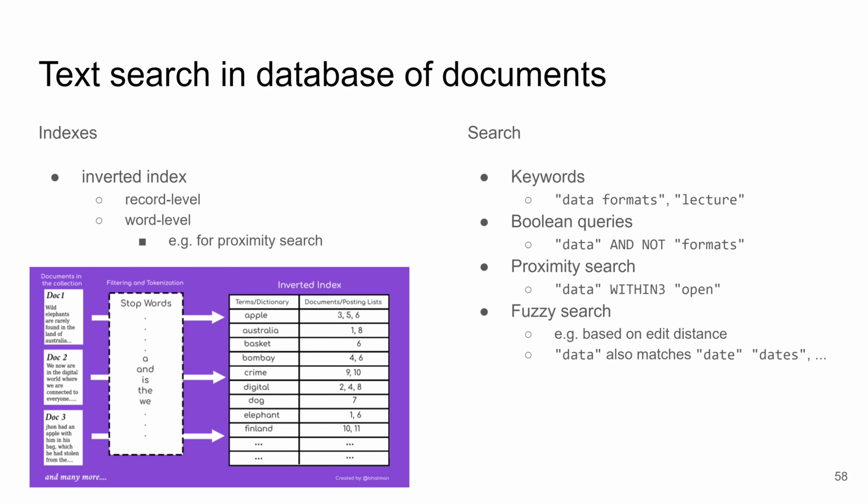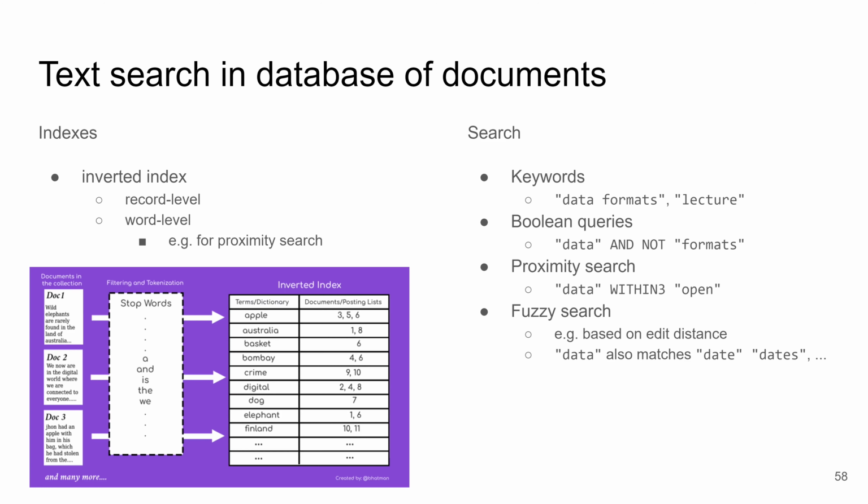When we have lots of text documents, we can put them in a database, and on top of the database, we can create an index and then search the database for documents matching the query. An example of such an index is an inverted index, where basically each document gets scanned on insertion to the database, and then there is a table of words and links to the documents containing those words.